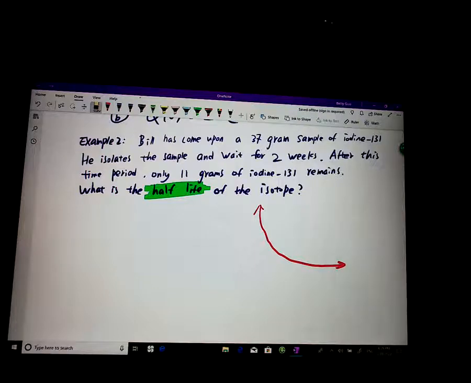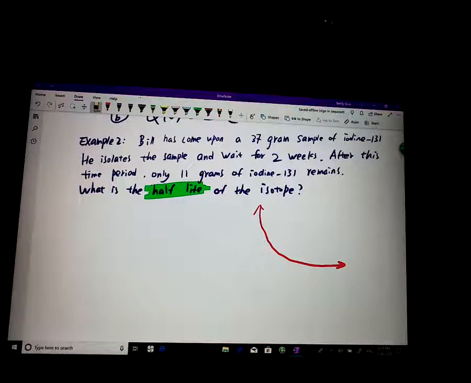So how do we define the half-life of the substance? Half-life is the time it takes for the isotope to reduce to half of its weight. Let's say initially the isotope is 37 grams. Then half-life is the time it takes for the 37 grams to reduce to half of it.